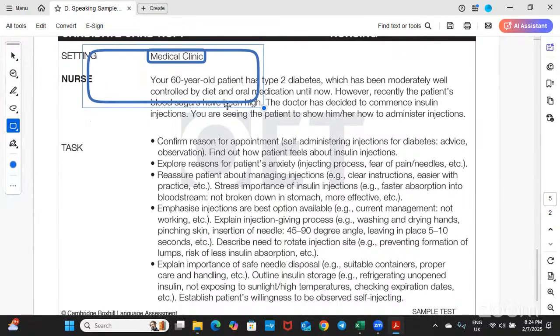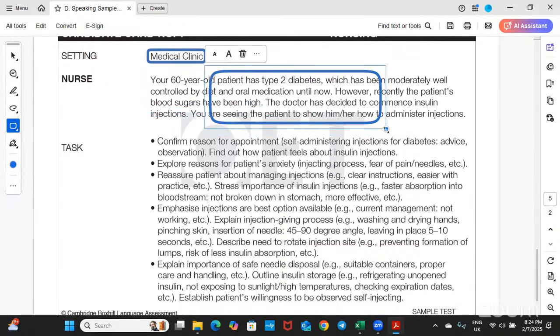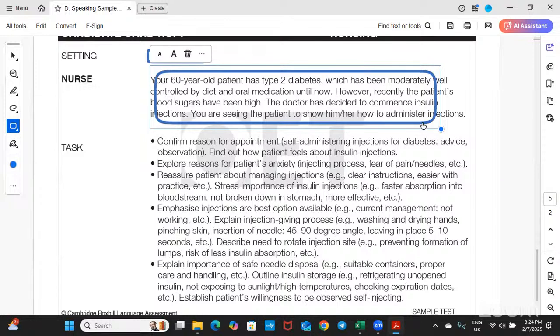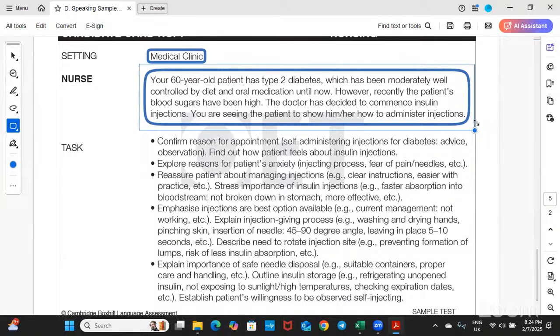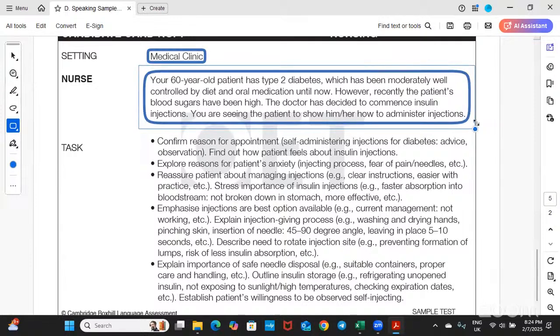And the next one is the background. What is the background of the patient? The story behind. So the patient is 60 years old.